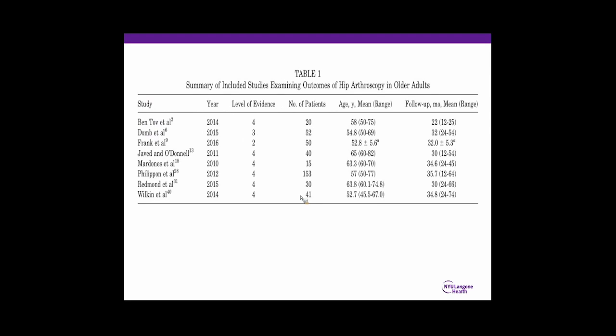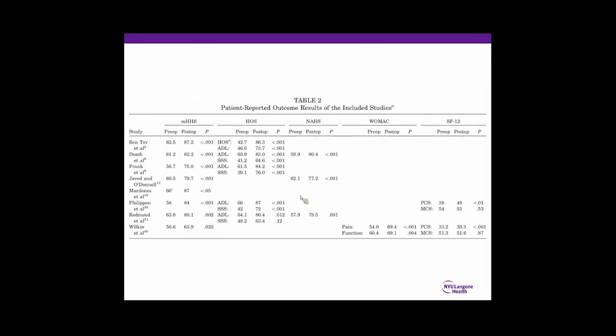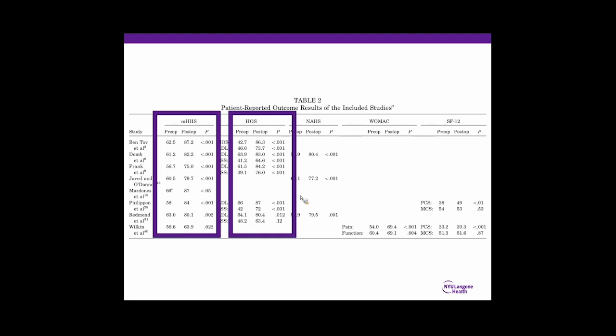So these are the studies. You can see it's not a huge number of patients. It's all level 4 evidence. And if you look at the ages, the mean ages were mostly in the 50s, some in the 60s, and pretty decent 2.5-year follow-up. If you look at their Harris hip score at the latest follow-up at about 2.5 years, 7 out of 8 had really nice improvements in their Harris hip scores, pretty much in line with what you'd see in younger patients, with Harris hip scores coming up to the low 80s in many patients, rarely to the 90s.